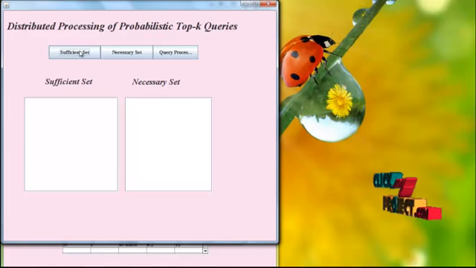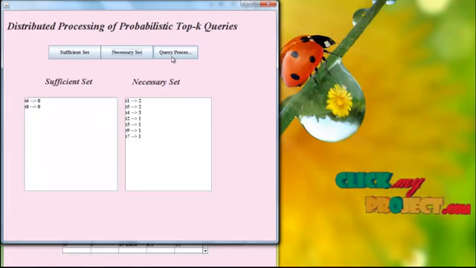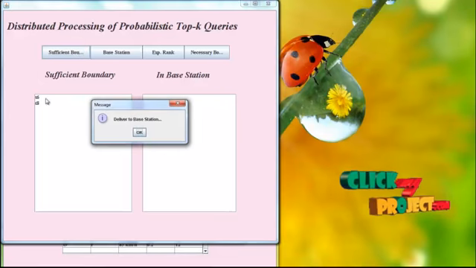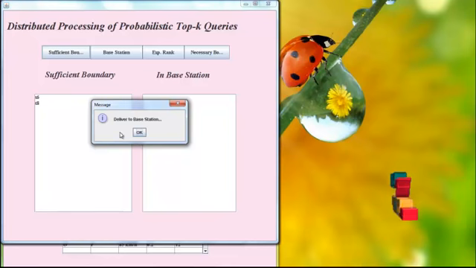Here we find the intra-cluster values. Sufficient sets are presented. The necessary set and its expected ranking are here. Now we move to the query processing. In this query processing, we find the sufficient boundary values. After the sufficient values, every node is delivered to the base station.